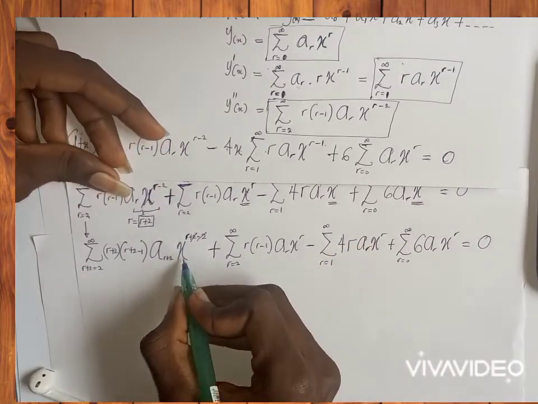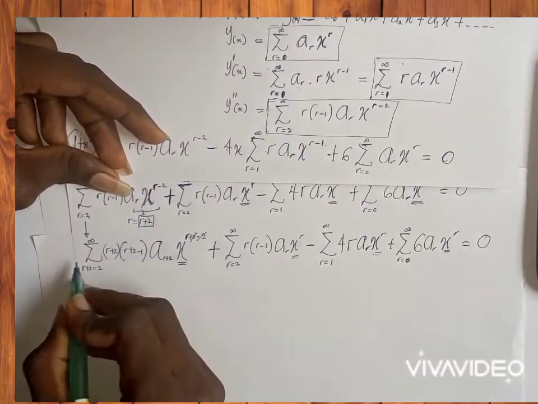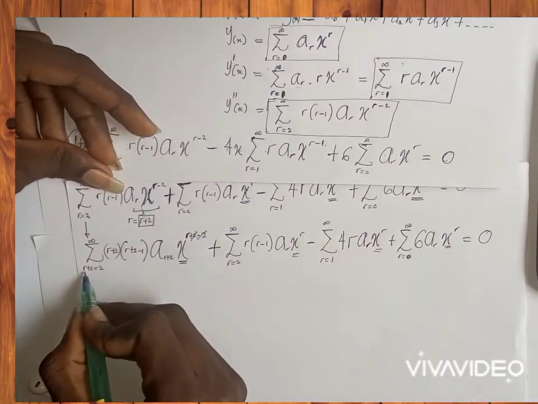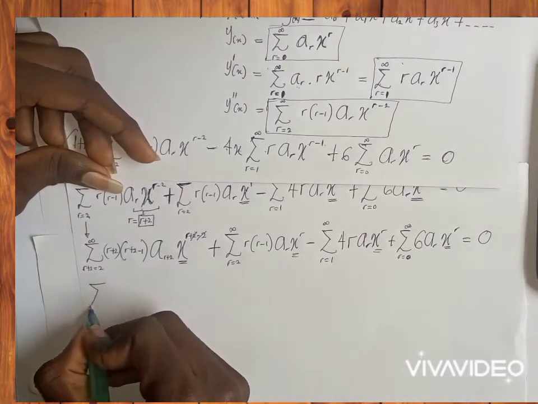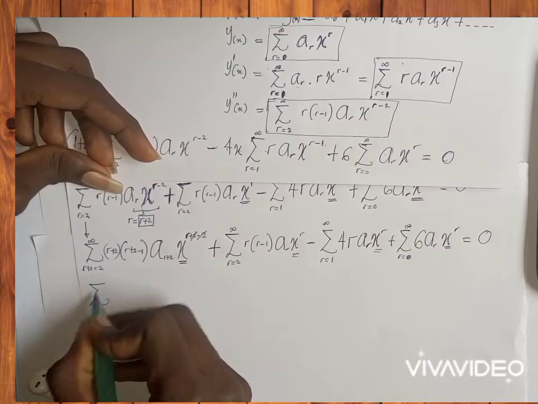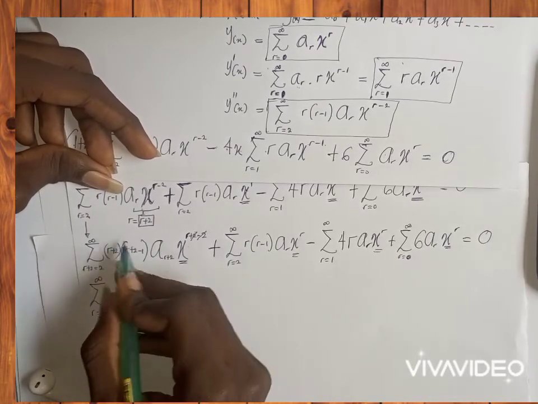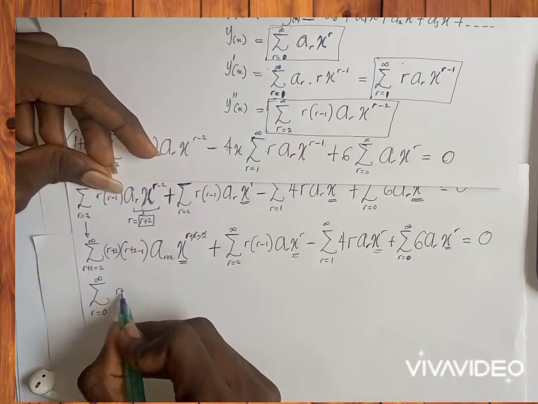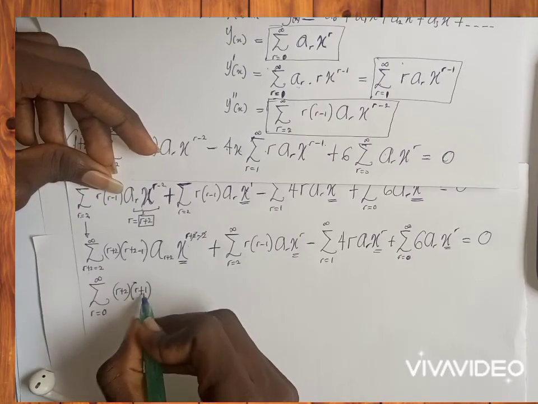Now I have x^r common to all the terms, but here I have r + 2 = 2. Let me consider the limit itself: r = 2 goes to the other side, so I have r starting from 0 to infinity. Then here I'll end up having r + 2, then r + 1, since (r + 2) − 1 is r + 1.